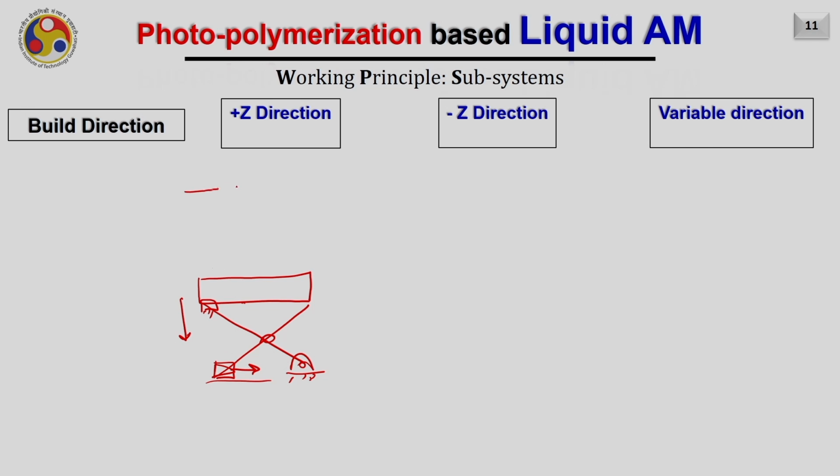As it will go down, from the top laser is coming and falling into it, it will keep on building the part in the top direction like this. This will go down and it will keep on building the part. Hence the growth of the part is in plus Z direction.